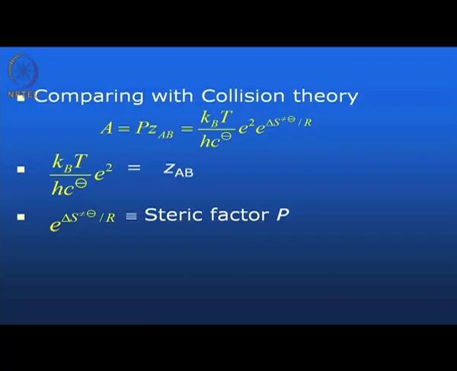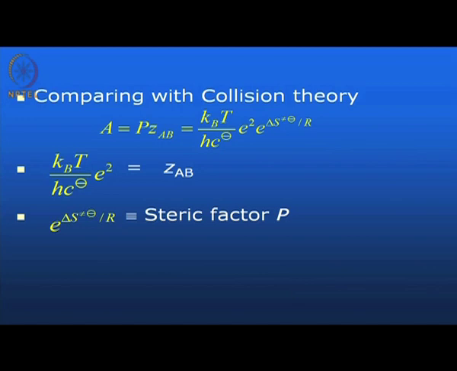Next, we have to compare this with collision theory, because we already have started collision theory. That collision theory is purely based on the hard sphere approximation, that these hard sphere molecules are reacting via collision with one another like this. Okay.